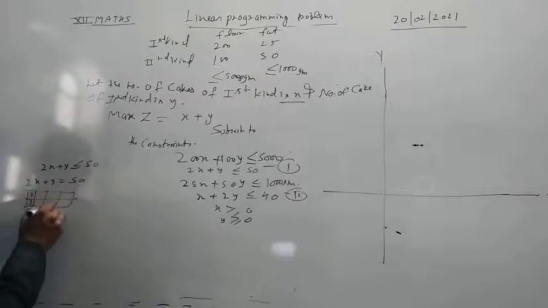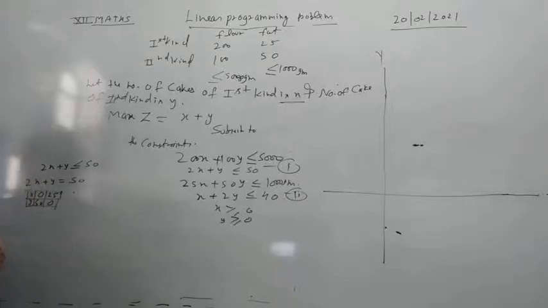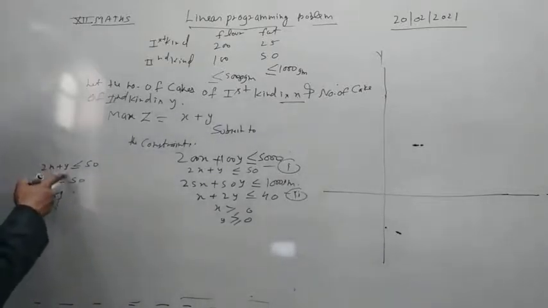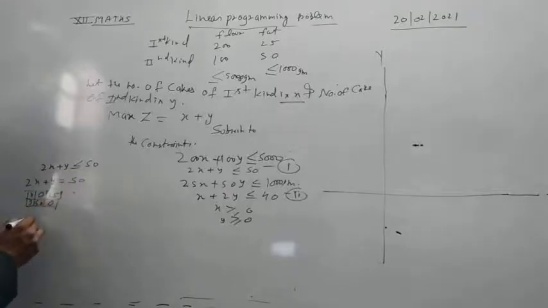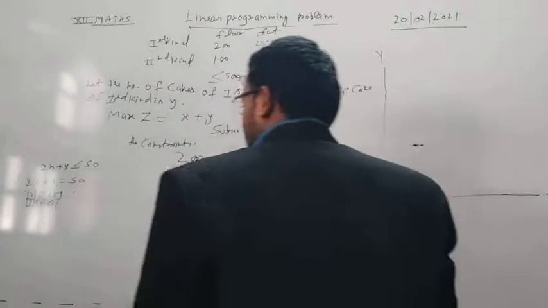When x is 0, y is 50, and when y is 0, x is 25. When we put x and y as 0, the origin lies inside the region.